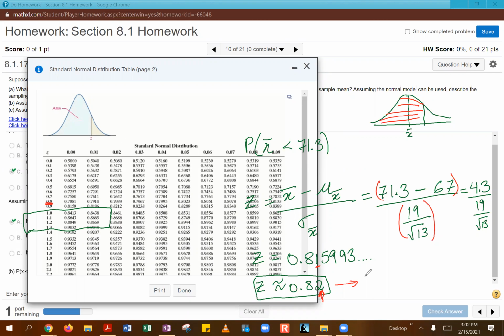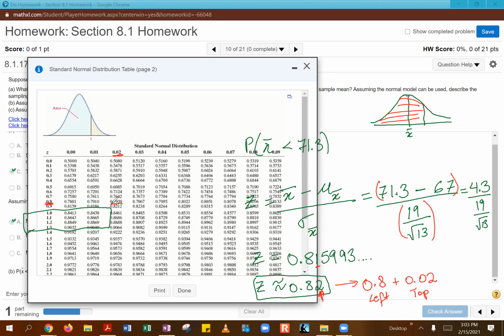So remember, you break up your z-score into 0.8 plus 0.02. This one is on the left-hand side of your table, and this one you're trying to bring from the top. So 0.02 will be right over here, and then wherever those two meet is going to be your probability.